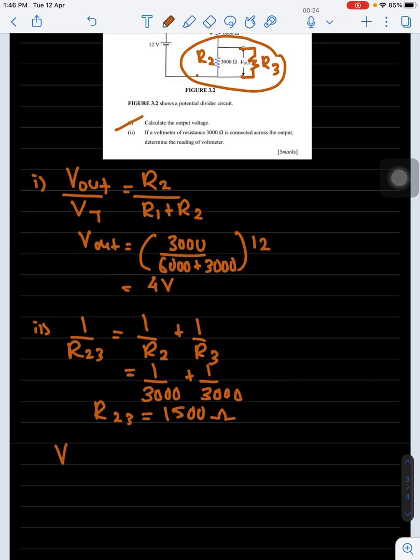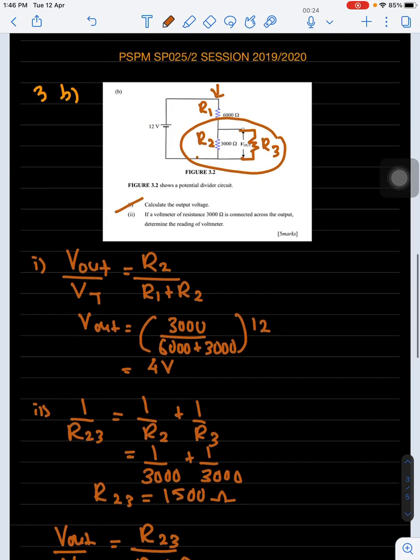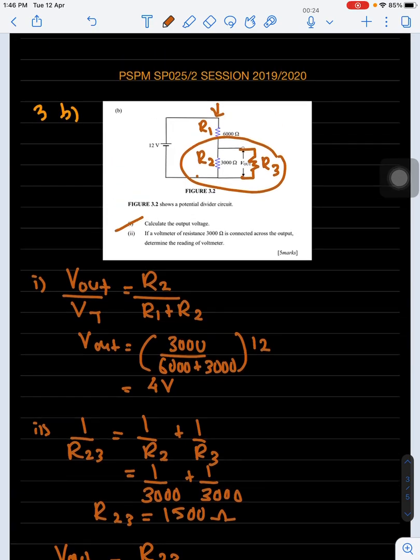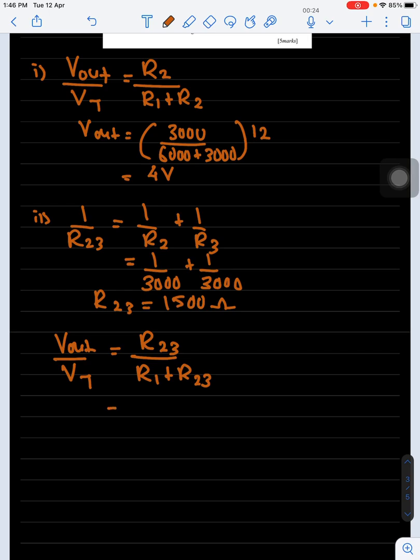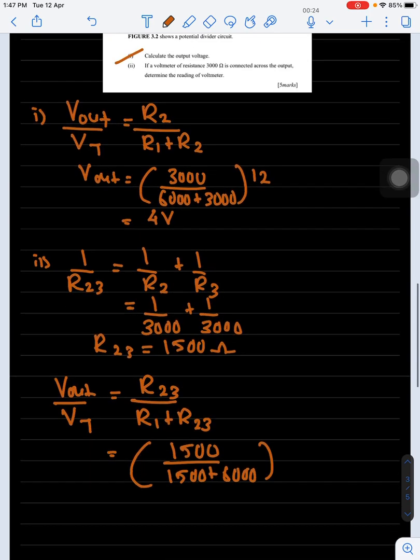So V output over V total equals the new R23 over R1 plus R23, because we have R1 and R23. Insert the values here. 1500 over 1500 plus 6000, the total is 12 volt. Final answer is going to be 2.4 volt.